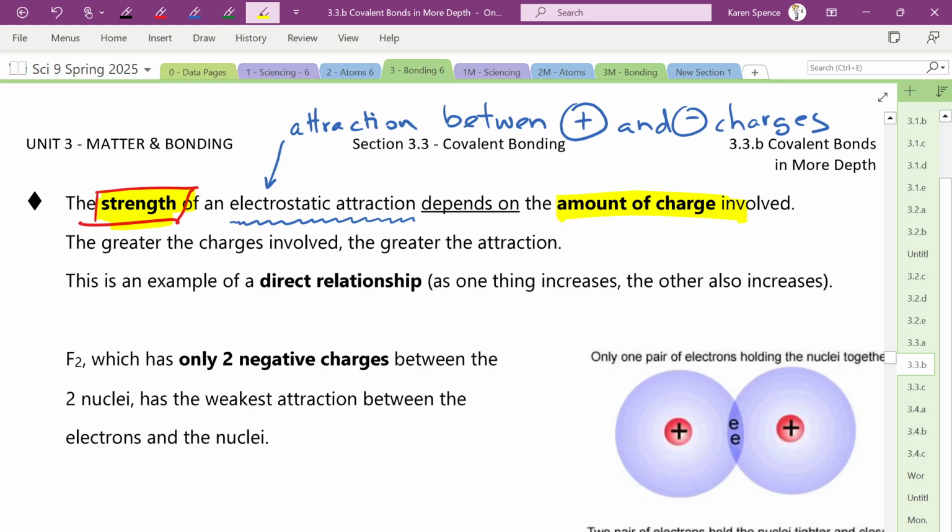Okay? And this is an example of a direct relationship. Do you guys remember that term? Did we go over that term? Oh, it's a positive relationship. Positive correlation. So basically, as the amount of charge increases, the electrostatic attraction increases.